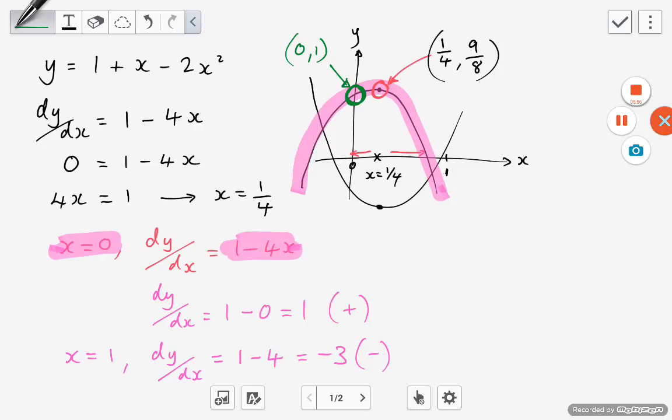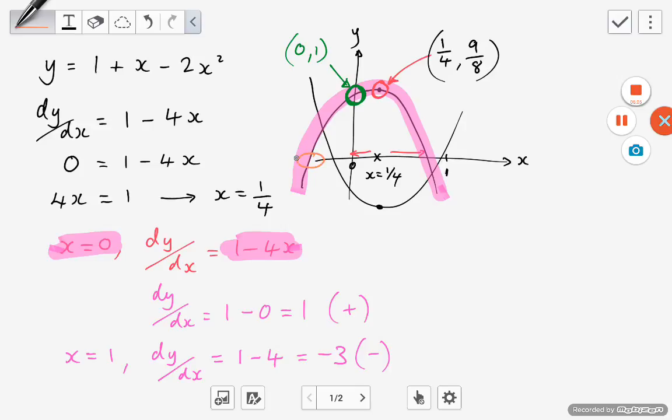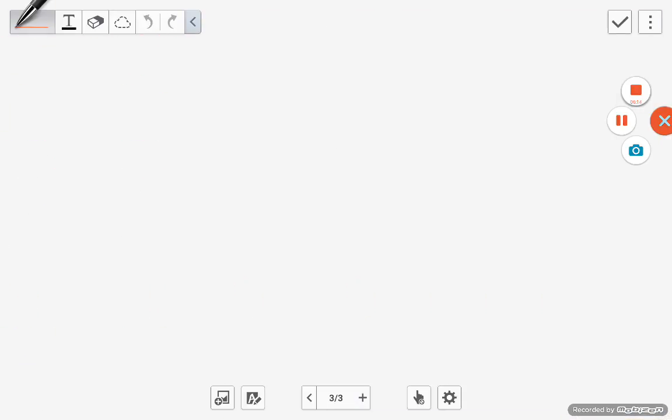And the final bit that we could do, in a different colour, is find where the curve crosses the x-axis. Now, to find where a quadratic crosses the x-axis, we have to solve y equals 1 plus x minus 2x squared, and we do that by setting it to 0.